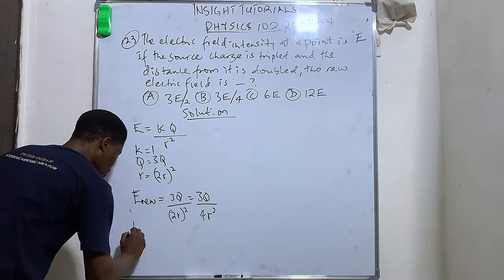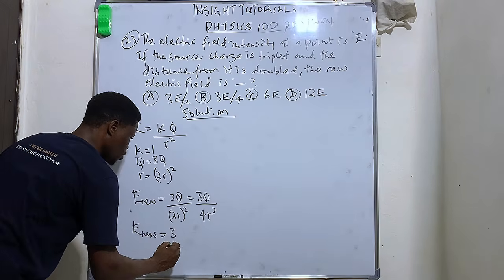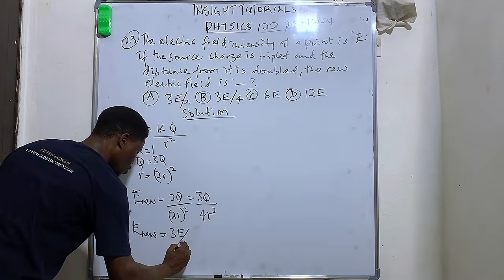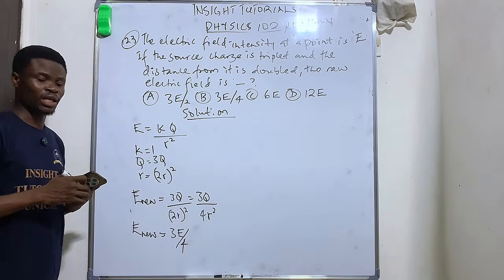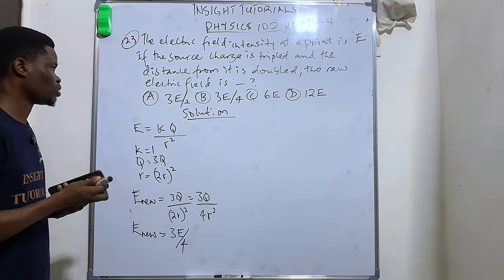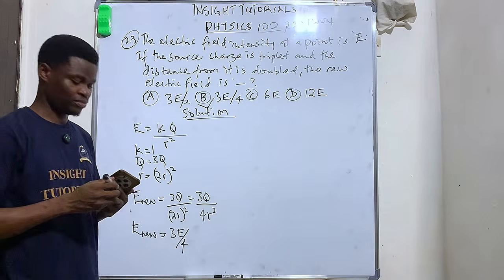So the new electric field is simply going to be 3 times the original electric field all over 4. That's just going to be the answer. So the right option is option B, as it is.